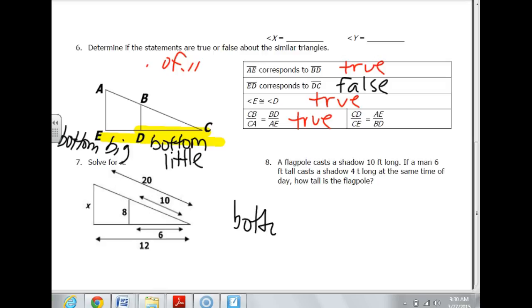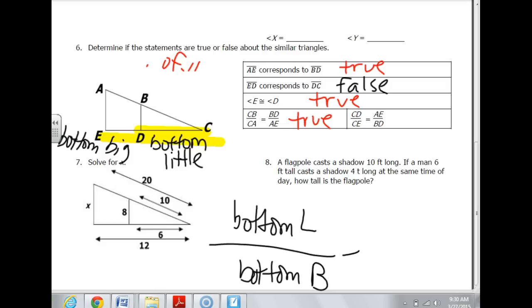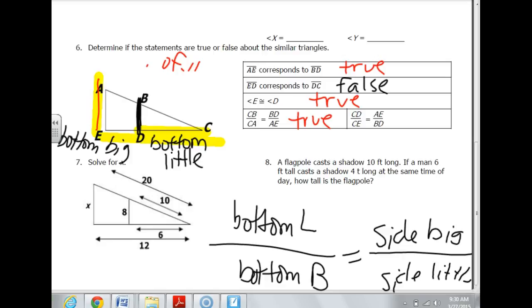We got bottom little over bottom big, equals AE. Okay, so AE is the big side and then we've got BD. BD is right here, which would be side of the little. This does not match up. Because if you have bottom little over bottom big, then little has to be in the numerator. And this says big, so that would be false.